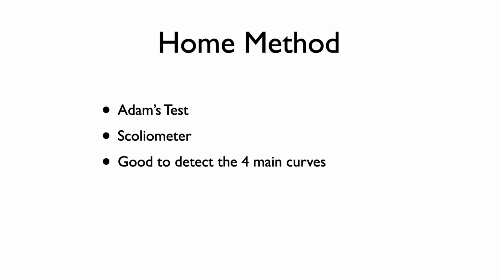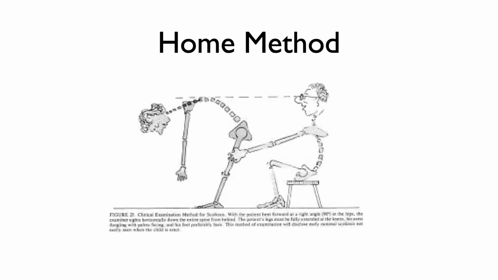But first I want to show you the Adams test. The actual mechanics of the Adams test are quite straightforward. You simply ask a person to stand in front of you and you make sure their legs are straight, no knee bend. And you ask them to slowly bend forward, vertebra by vertebra.